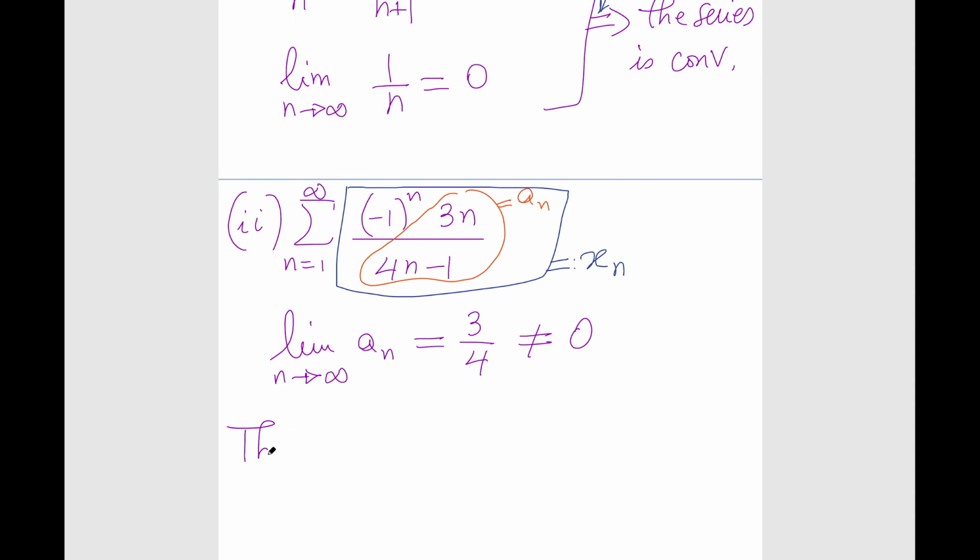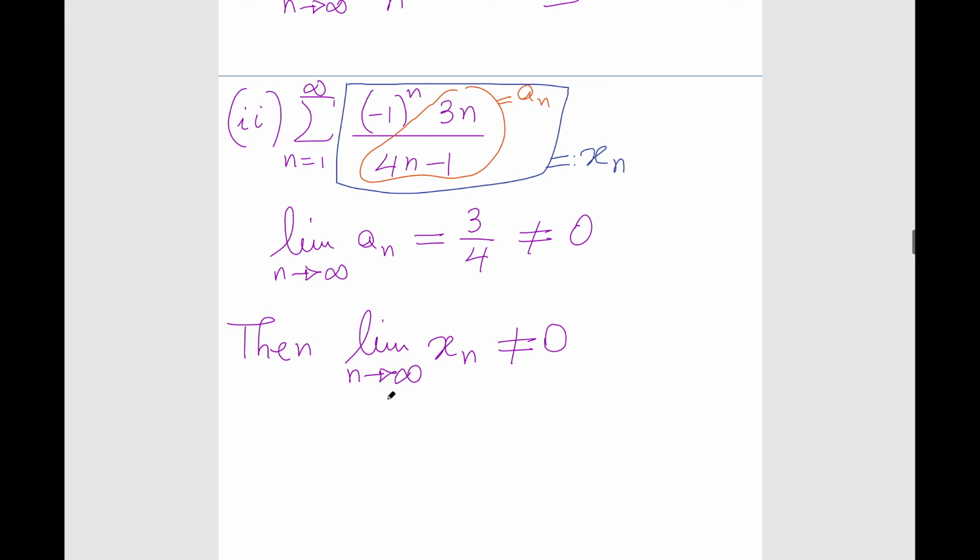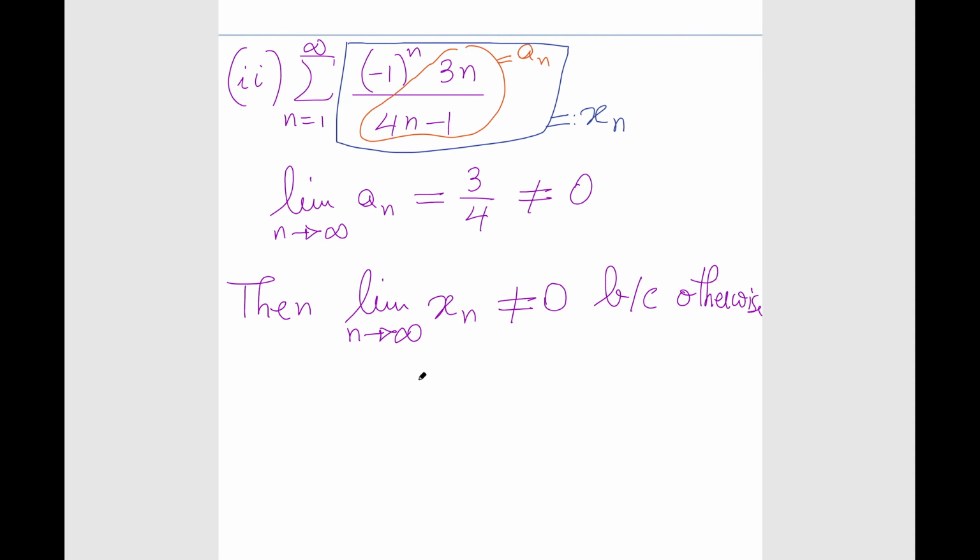So then, the limit as n goes to infinity of xn is not going to 0. As we said, this is not going to exist altogether, but let me just make a better argument for you. Certainly it's not going to 0, because otherwise, if this guy were to go to 0, what's the difference between xn and an?